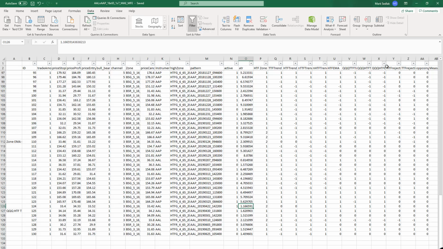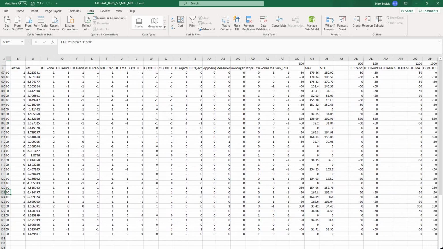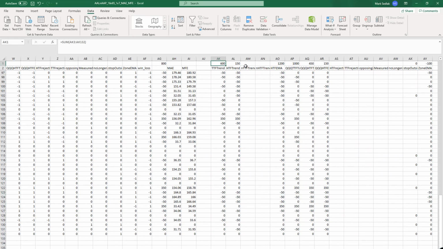And then I have a handful of filters up here, guys. And these are filters that I'm using to analyze what criteria I should be using for trading. All right. And then what I'm doing is I'm just analyzing the filters to see what produces the best results. All right.